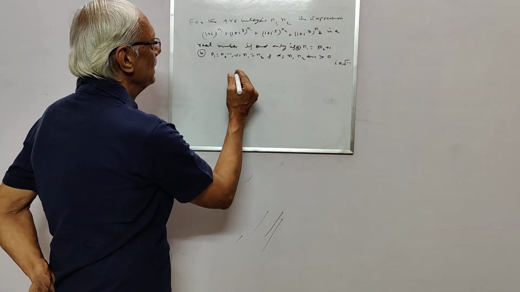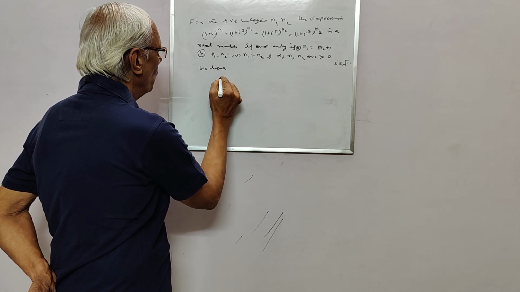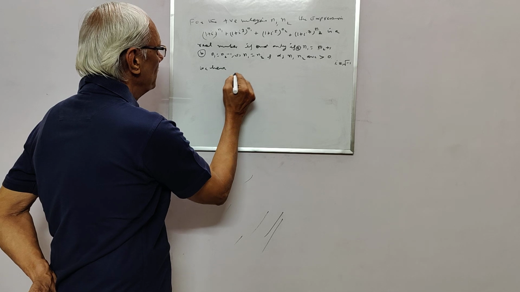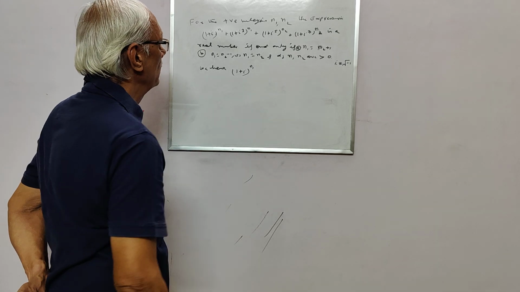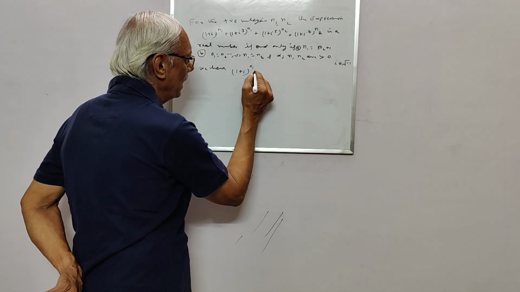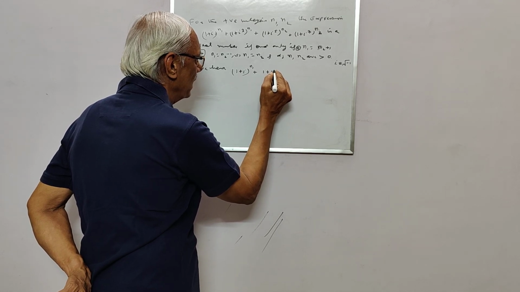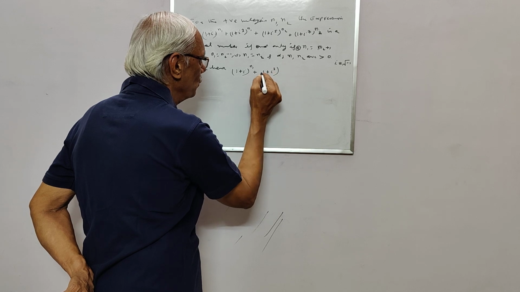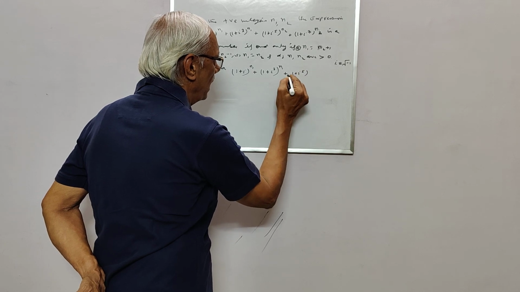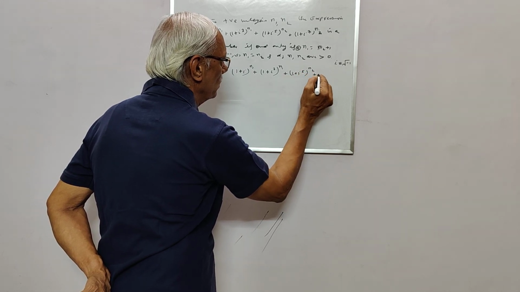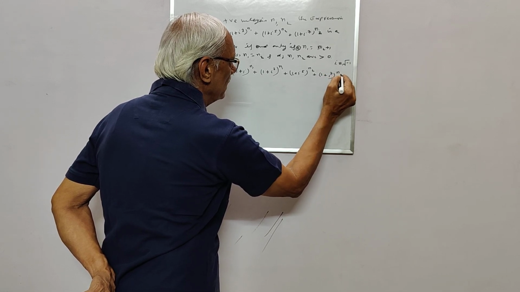Now see, we have (1 plus i) to the power of n1, plus (1 plus i cubed) to the power of n1, plus (1 plus i to the power of 5) to the power of n2, plus (1 plus i to the power of 7) to the power of n2.